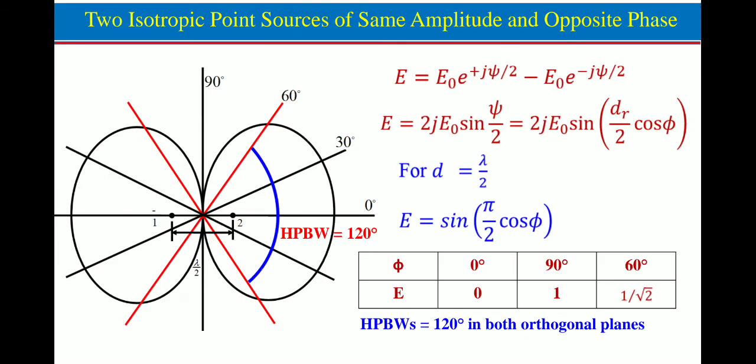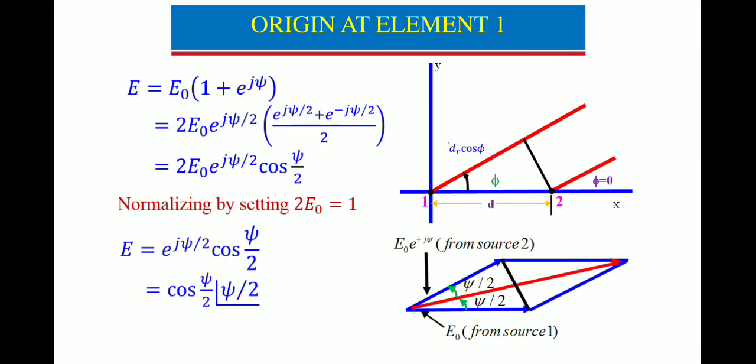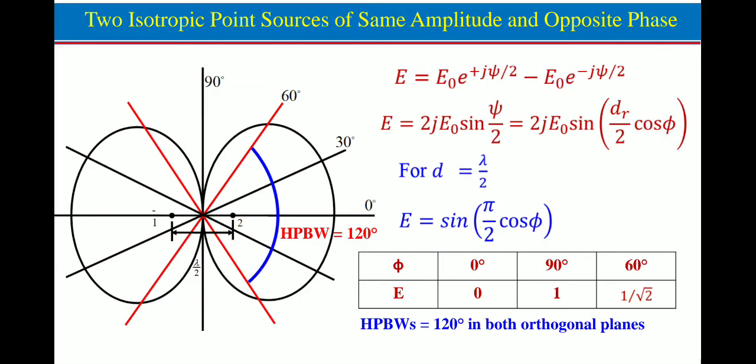Next, two isotropic point sources of the same amplitude and opposite phase. If we consider two isotropic point sources with the same amplitude and opposite phase, then we can calculate the electric field. For that, E is equal to E0 times e raised to plus j psi by 2 minus e raised to minus j psi by 2, so E is equal to 2j E0 sin psi by 2, that is 2j E0 sin of dr by 2 cos phi.